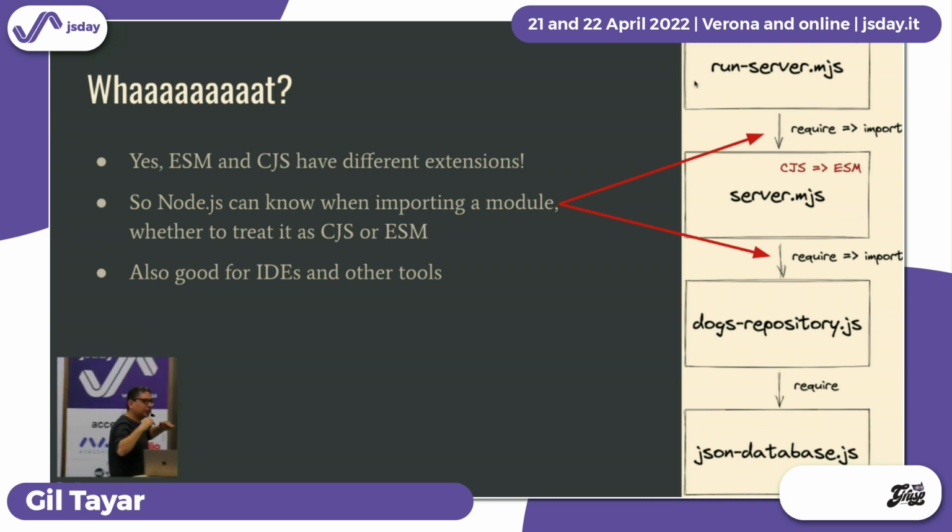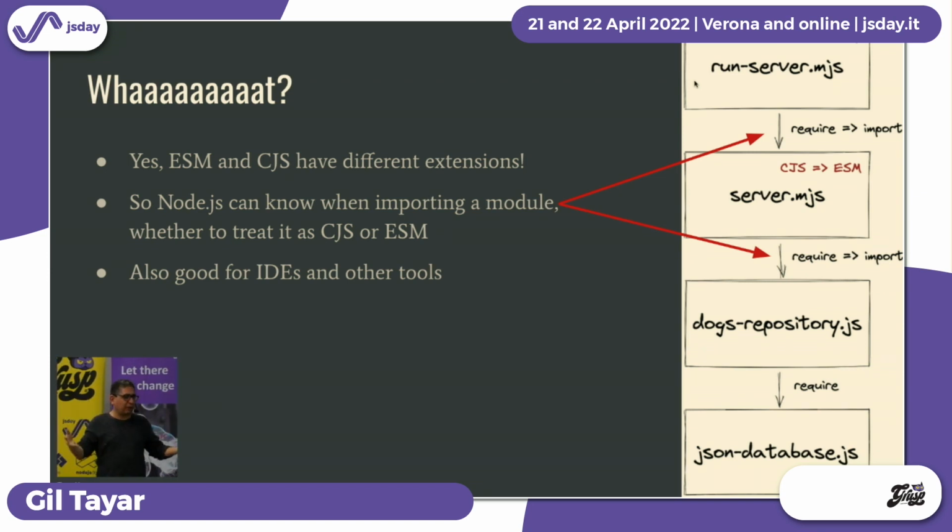Now the big question Node.js people had is, okay, I have an import. I'm writing Node.js, the Node.js code itself, and I'm getting an import. How do I know whether the file is CommonJS? How do I treat it, as CommonJS or as ESM? And there are subtleties. For example, an ESM file is strict by definition, and CommonJS is not strict. I need to know before executing the file whether it's CommonJS or ESM.